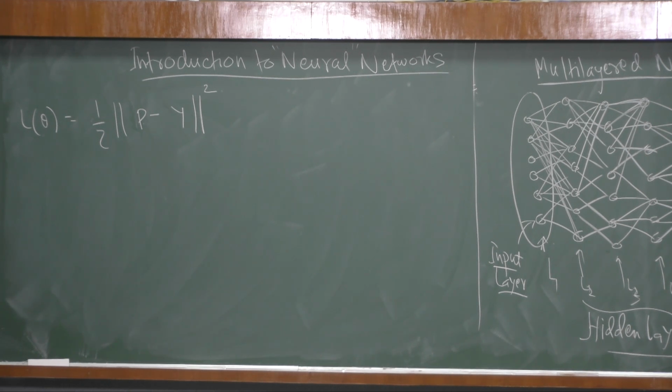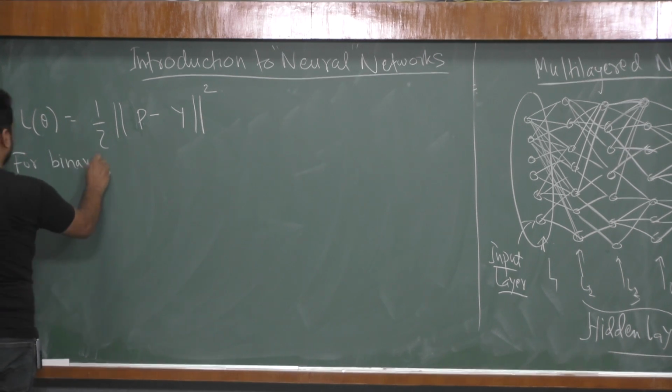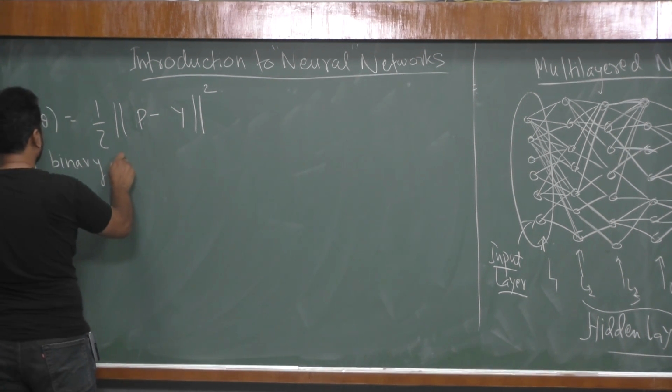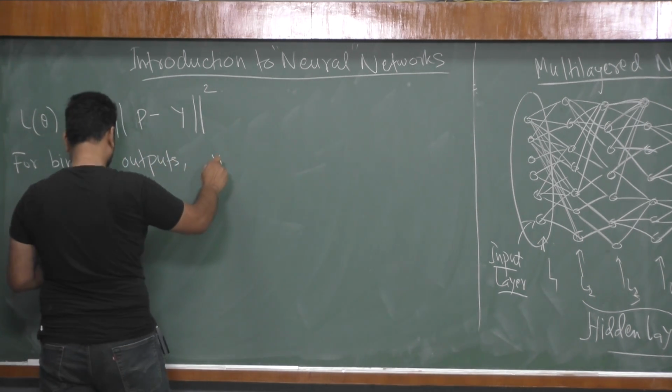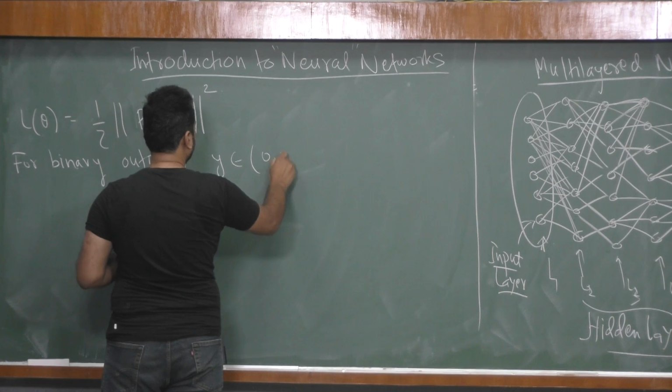But if we have a classification problem, then we can define different types of losses. For binary outputs, we mean that y belongs to either 0 or 1.